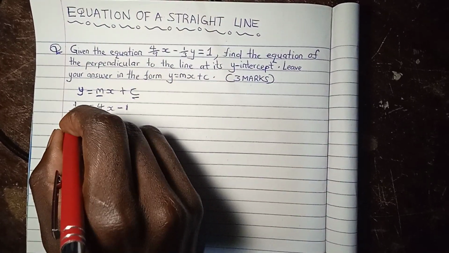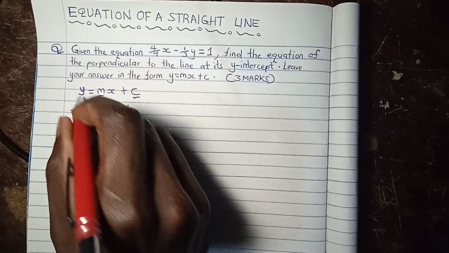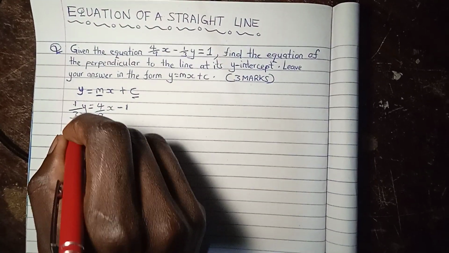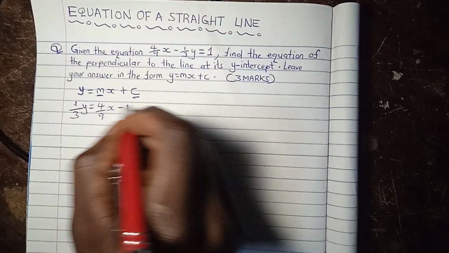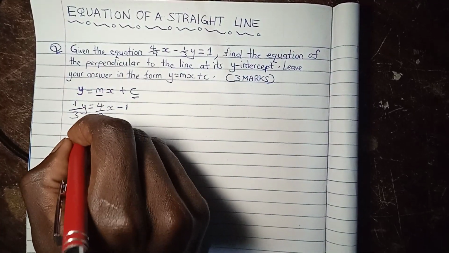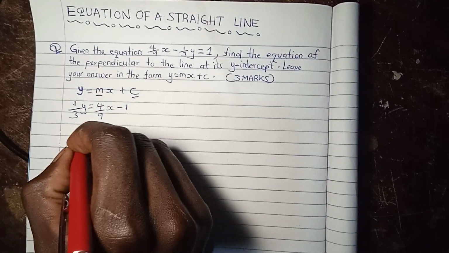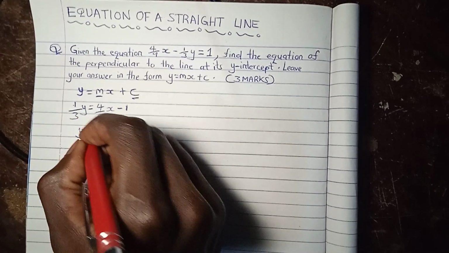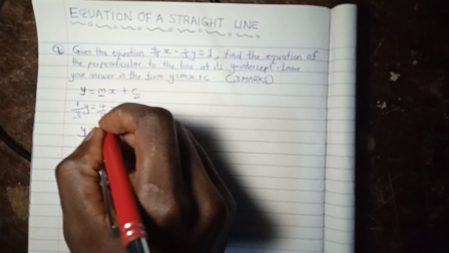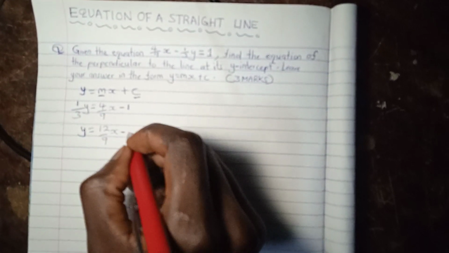It is a third y, but we want y to be equal to 1, so we multiply everything by the denominator, 3. Now you will get y here. 4 over 9 times 3 is 12 over 9x, minus 1 times 3 is 3.